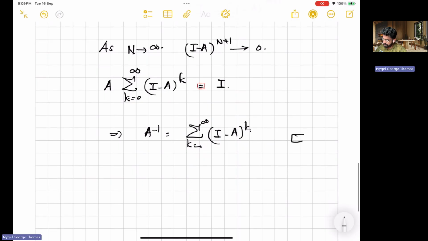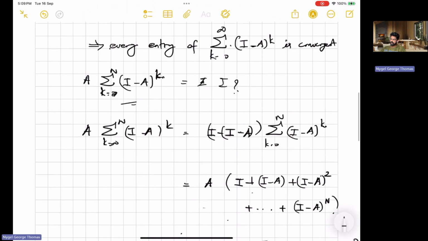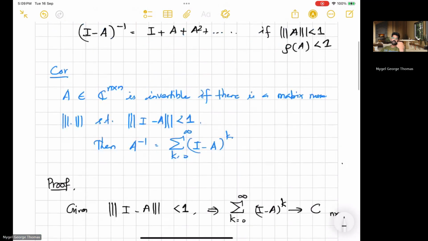Hence proved. So we can express A inverse as an infinite sum of (I minus A) raised to k. Let's conclude the discussion here.